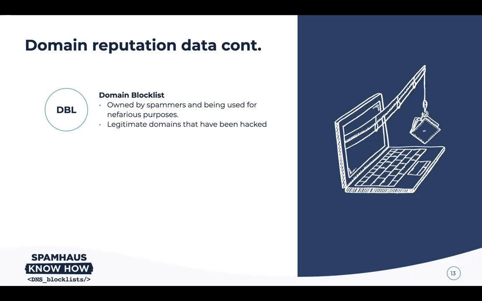We include those as well, but we give them a different return code so that it is possible for the user of the data to distinguish between, okay, this domain is fully bad, and there's no chance that there will ever be anything legitimate to it, versus the ones where we say, okay, these used to be good and they're probably still good, but they just have been compromised. So it's a change in behavior of the domain, as you might say.